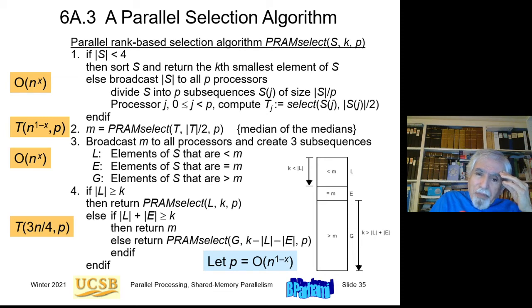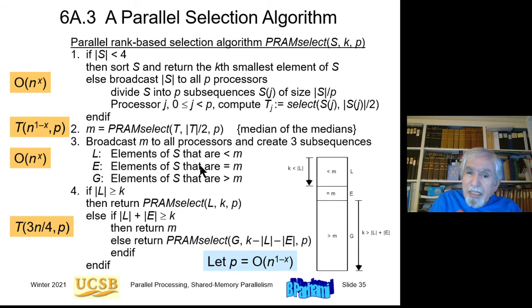So for example, if x is equal to 1/2, then we have square root of n processors. If x is equal to, let's say, 3/4, then we have 4th root of n processors. So we can basically find x for any number of processors that we apply. In particular, if x is equal to 0, we have n processors.